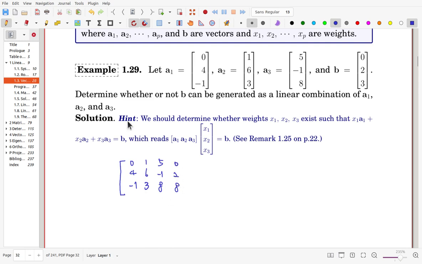Okay, not 8, 3. Okay, 0, 2, 3. So this is the augmented matrix. From here, now we have to check if it is consistent. That's all, right? Okay.